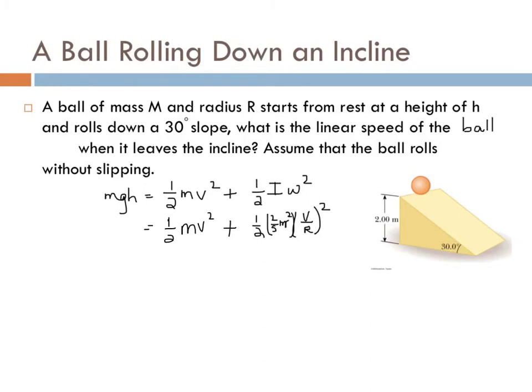So here I have a velocity that I can factor out, and I can also factor out a 1/2 from both sections, and I'm left with m plus 2/5 m is equal to mgh. Our r's will cancel out here.